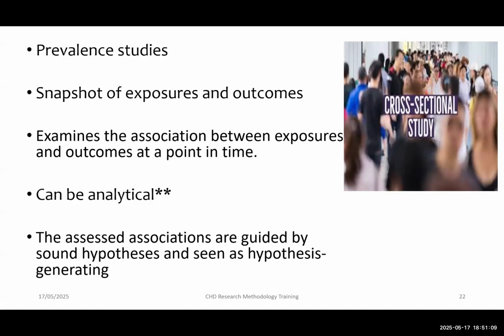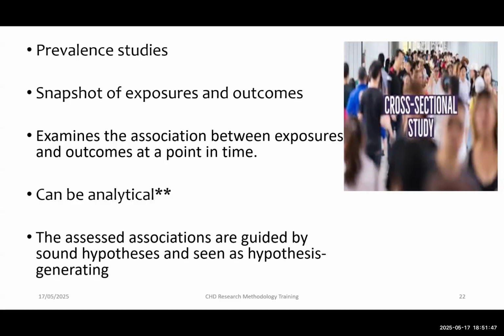So you can't really make out much about it. It can be analytical. Remember, I said you have cross-sectional studies that can be analytical or descriptive, because by the time you start checking predictors, it is no longer purely descriptive. When you start checking associations that are guided by your hypothesis, especially for those of you who are doing masters, maybe your objectives 1, 2, 3 are measuring a particular outcome, and then the last objective is looking at factors that are associated with the outcome you're measuring.